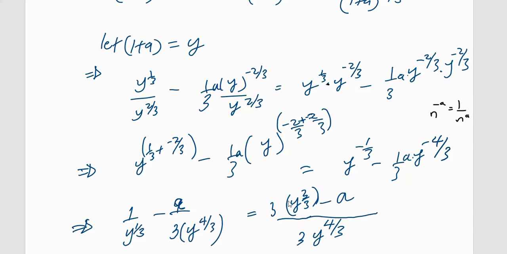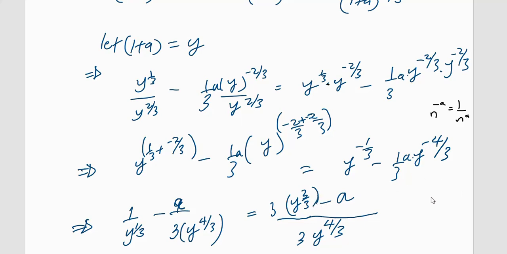This will equal, if I look for the LCM here, 3y to power 1/3. So 3 times y to power 4/3, then if I divide it by y to power 1/3, I'll have 3 times y to power 3/3.